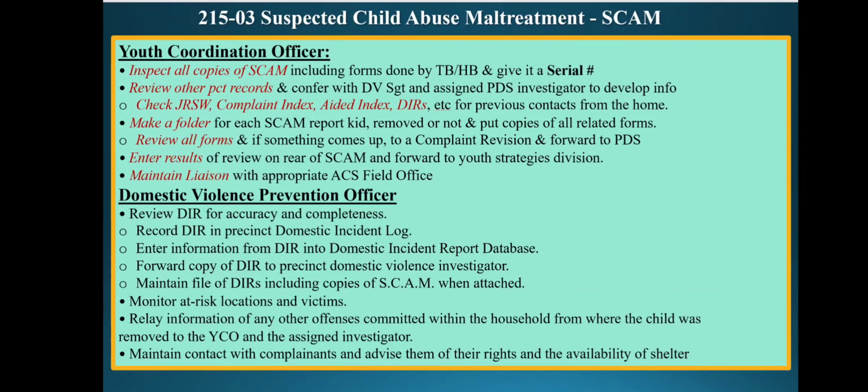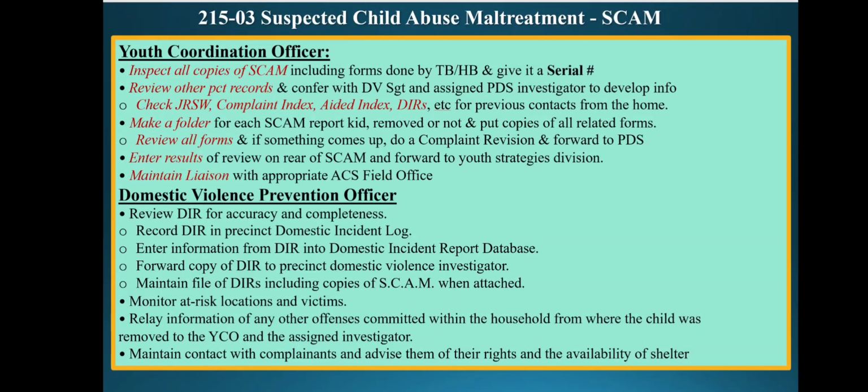Check juvenile report system worksheet, database, complaint index, aided index, and DIRs for previous contacts with the home. Make a folder for each SCAM report kid, removed or not, and put copies in that folder of all other related forms. Review all forms, and if something comes up, do a complaint revision and forward to precinct detective squad.